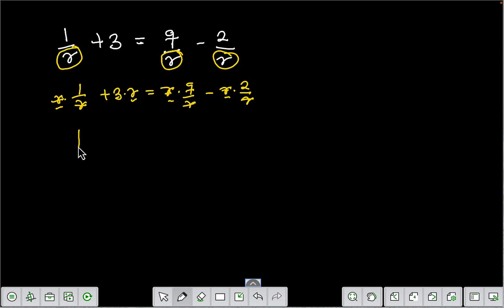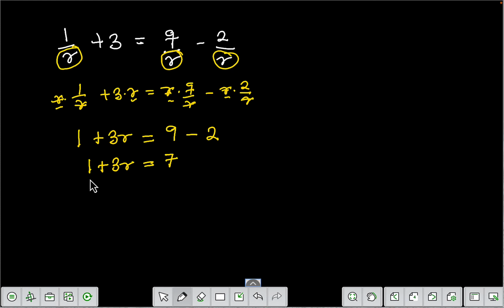We have 1 here plus 3r, that is equal to 9. This is supposed to be 9, sorry, minus 2. Great. So here we have 1 plus 3r equals 9 minus 2 is 7, right? So here we need to apply a transpose or the subtraction property of equality.